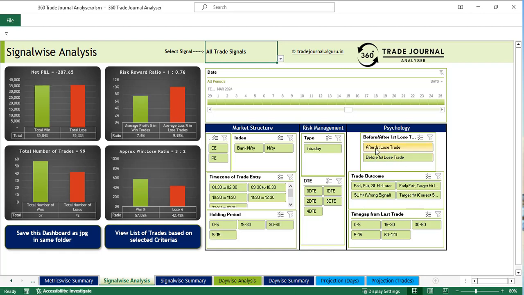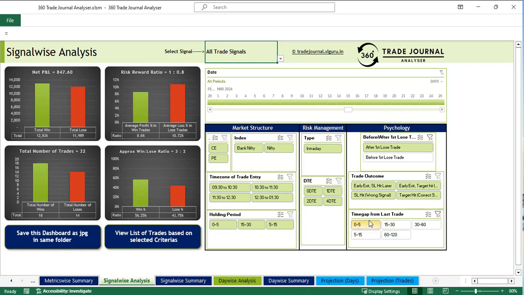And also you can compare this to, like, after one loss trade, and combine this analysis, how quickly you are taking the trades and what is the performance in those trades, right? So you can combine these filters, like how it is doing on input, or maybe some particular signals here, right?